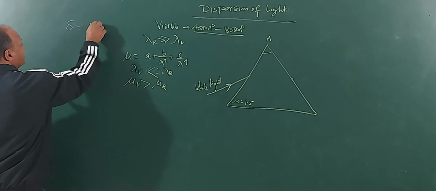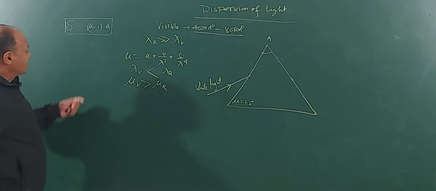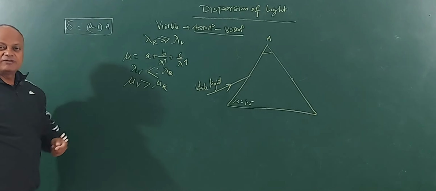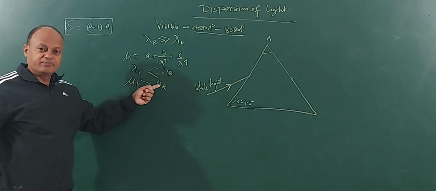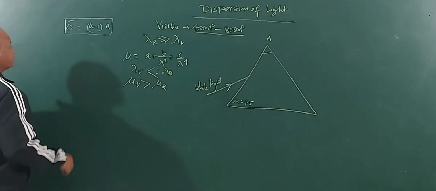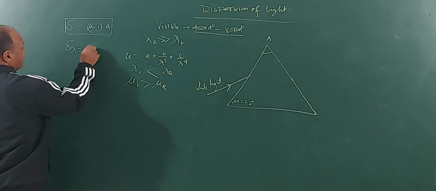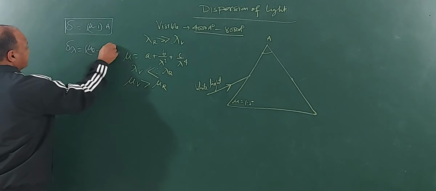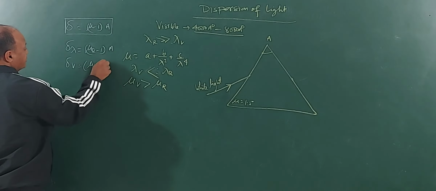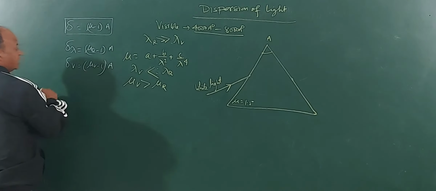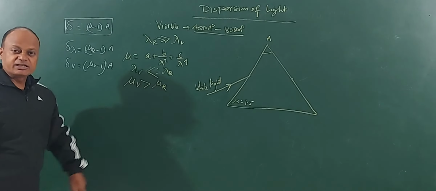And in the previous discussion, children, we discussed delta is equal to (mu minus 1) into A. Now let's explore this. Angular deviation is depending upon the what? Refractive index, and refractive index of violet is maximum, red is what? Minimum. If I see here, then angular deviation for red will be (mu r minus 1) into A, and for violet will be (mu v minus 1) into A. And here we are saying that refractive index of violet is more than refractive index for red.